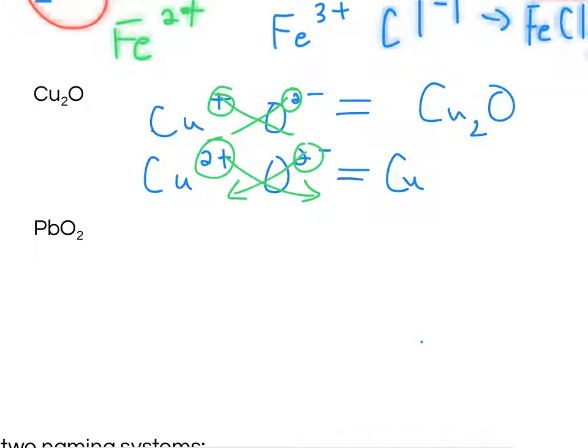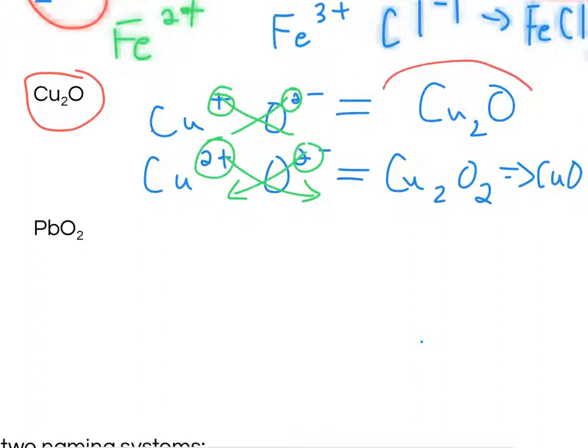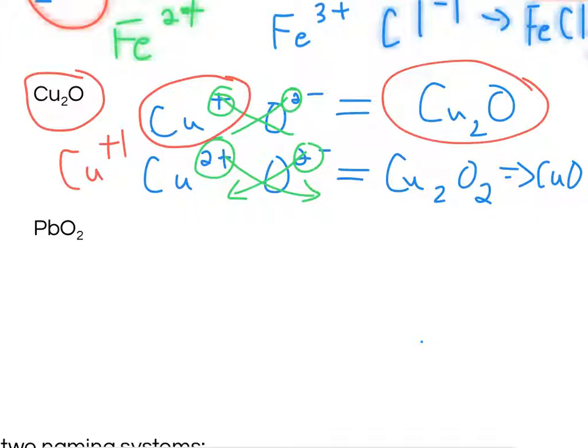And so, well, which of those is my match? I'm going to just take this further and remember to reduce this to lowest terms. When I look at the formula that I am inquiring about, it matches this one right over here. And so that tells me that in this case, it was copper with a +1 charge. That was the charge on the copper in this compound.